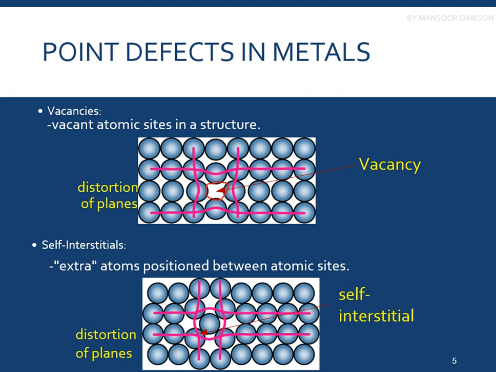As you can see, the atomic plane lines are disturbed now and the atoms are stretched, so there is some strain put on it. In a self-interstitial, an atom of the same lattice is attached inside the lattice geometry.